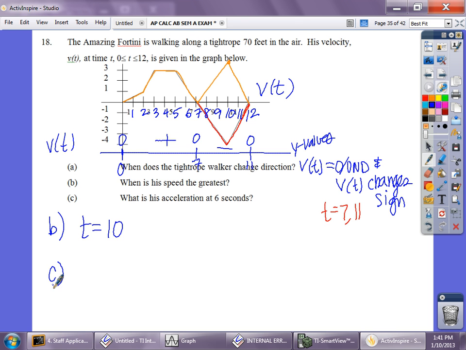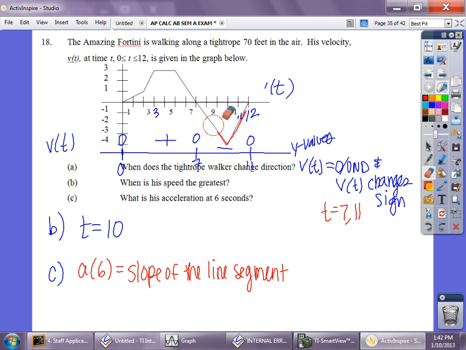What is the acceleration at 6? So the acceleration at 6 would be the slope of the line segment at 6. So I'm going to clear off my graph here, and I'm going to count out 1, 2, 3, 4, 5, 6. Here we go. So what you want to do is make sure that if you are counting slope, it is completely accurate.